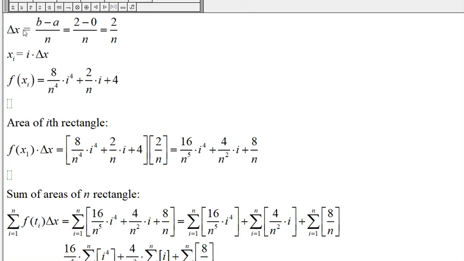So far we have found that the width of each rectangle is 2 over n, x sub i is i times delta x, and the height of the ith rectangle is 8 over n to the fourth times i to the fourth plus 2 over n times i, and then plus 4. So this is the height of the ith rectangle.